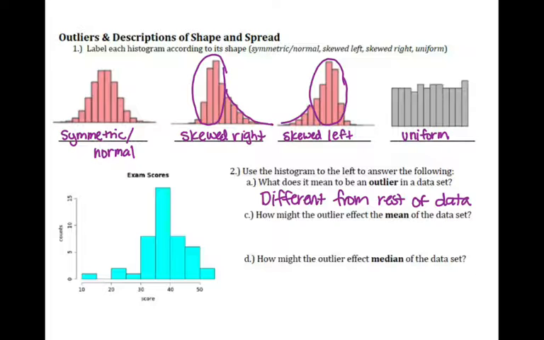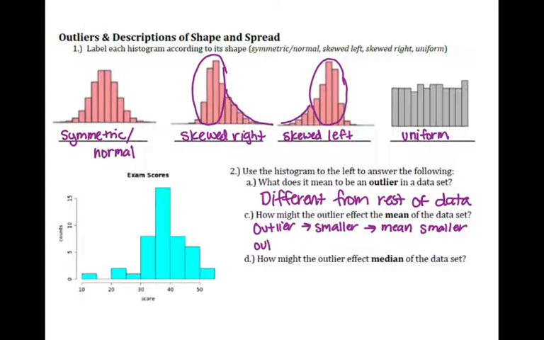How might the outlier affect the mean of the data set? Your outlier will always pull the mean in the direction of where the outlier is. So for example, if your outlier is smaller than the rest of your data set, then that's going to make your mean smaller.